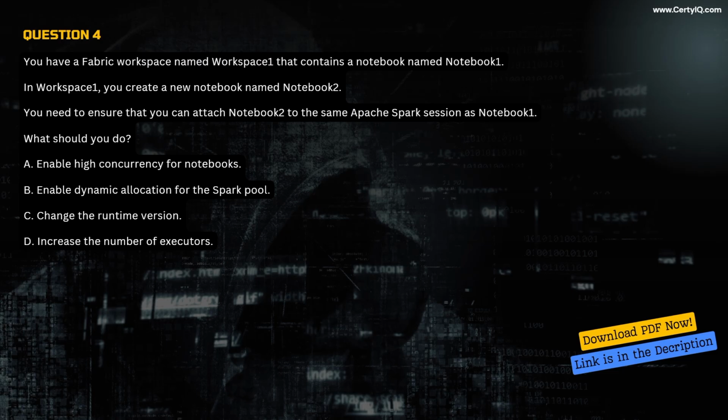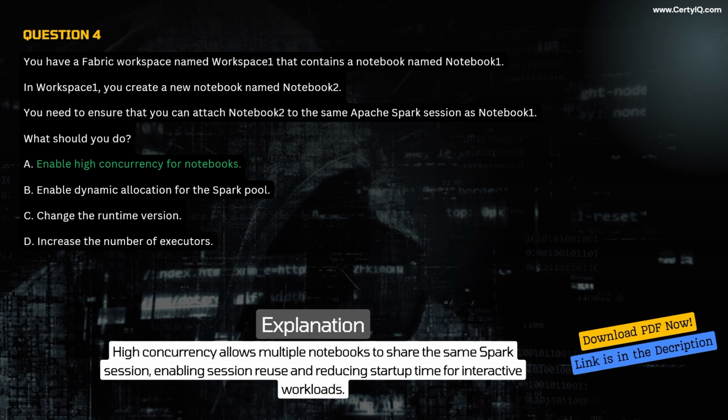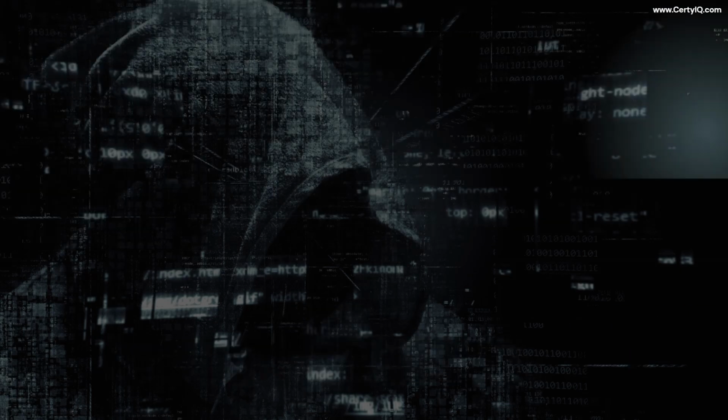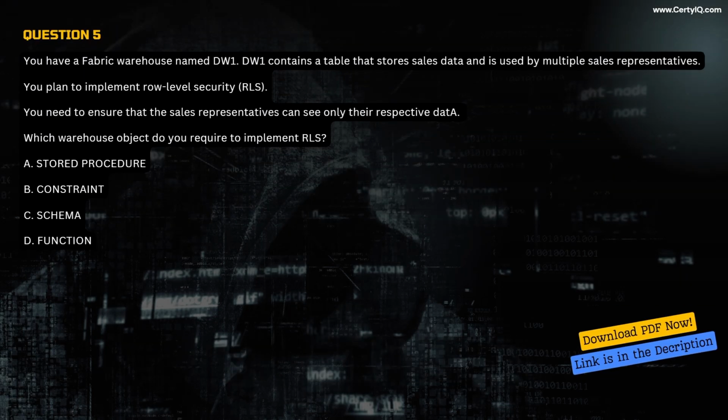C. Change the runtime version. D. Increase the number of executors. Correct answer A. Enable high concurrency for notebooks. Explanation. High concurrency allows multiple notebooks to share the same Spark session, enabling session reuse and reducing startup time for interactive workloads.